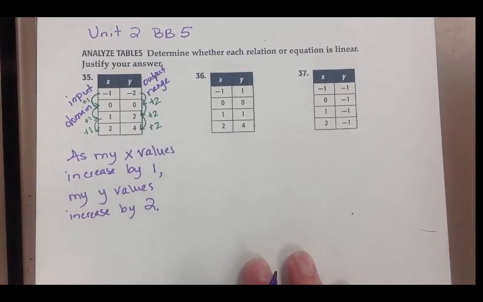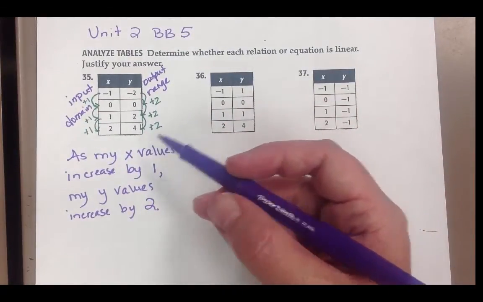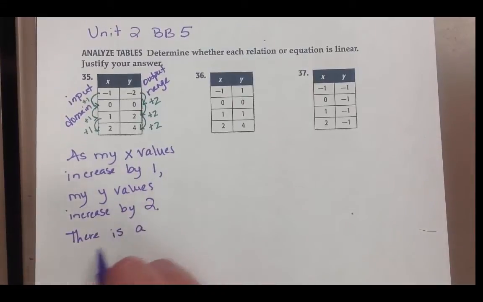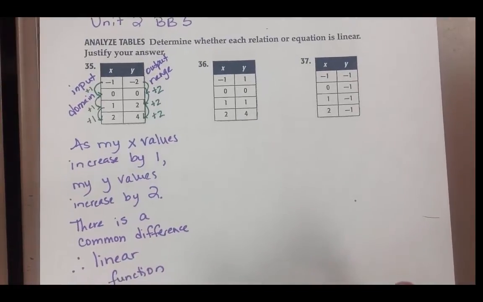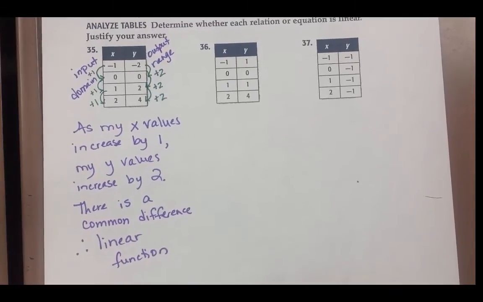Okay? So that happens all 4 times. It's a constant pattern. So there is a common difference. So this is a linear function. So we could even say, therefore, it's a linear function.